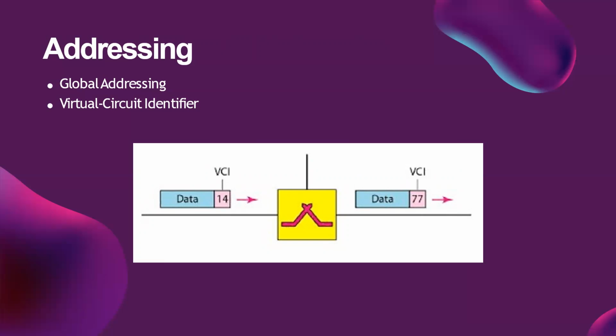In global addressing, a source needs to have a global address, an address that is unique in the scope of the network. The virtual circuit identifier is actually used for data transfer.